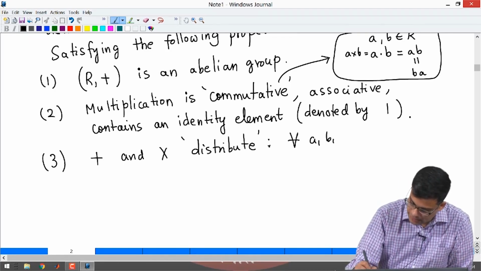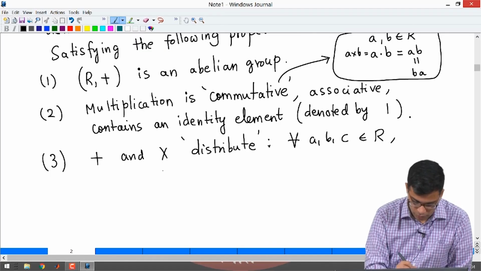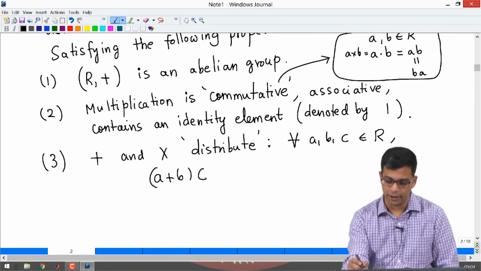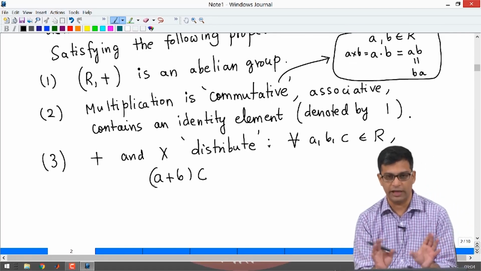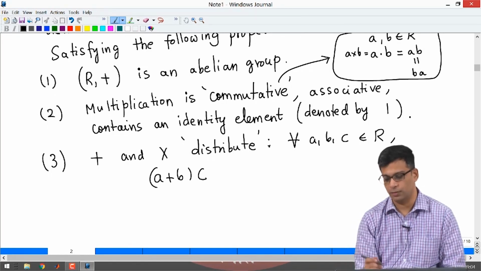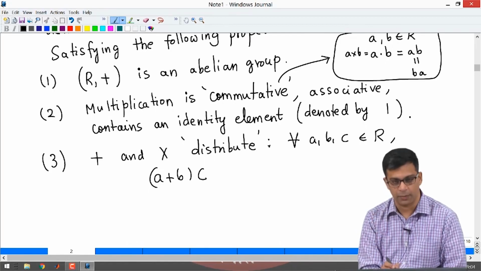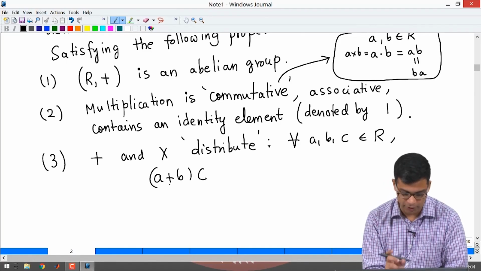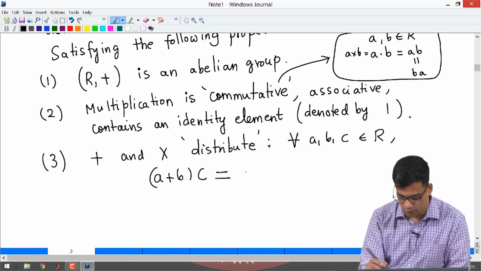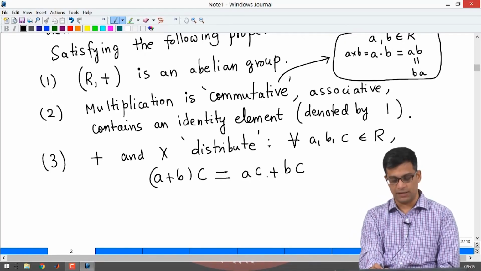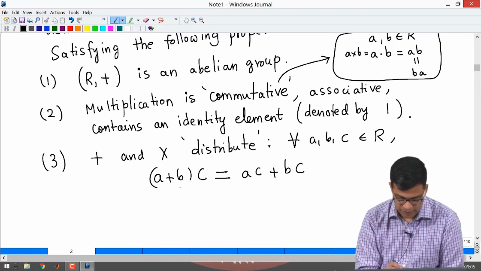For all A, B, C in R, (A plus B) times C. Remember, when I multiply I do not put any symbol between the two elements; I just write AB to denote the multiplication of A and B. When I am adding I write A plus B. So, (A plus B)C means you add A and B first, and whatever the ring element is, you multiply by C. That must equal AC plus BC. That means you first multiply A and C, similarly multiply B and C, and add the results. So, AC plus BC must be the same as (A plus B) times C.